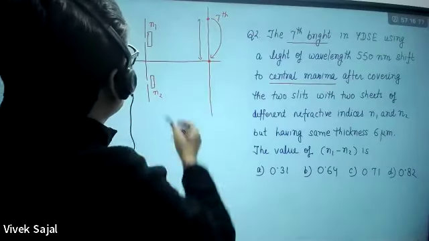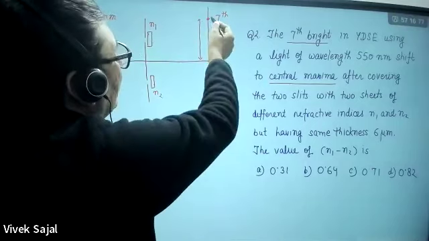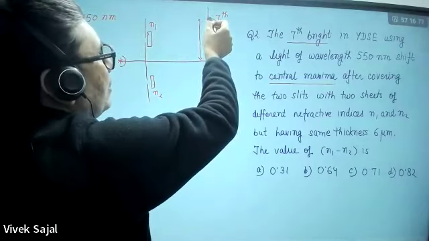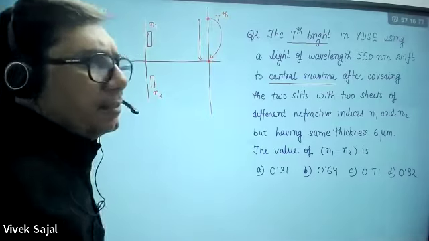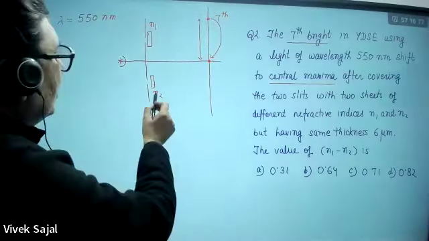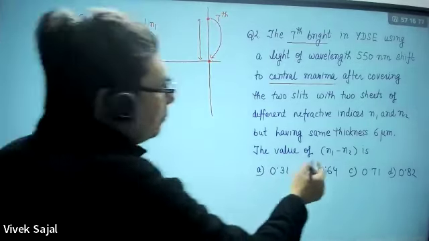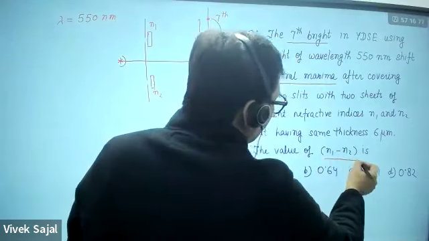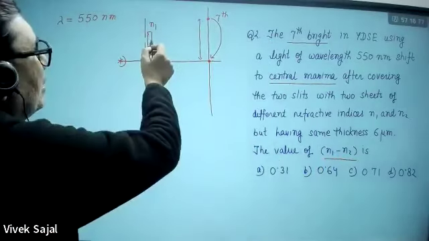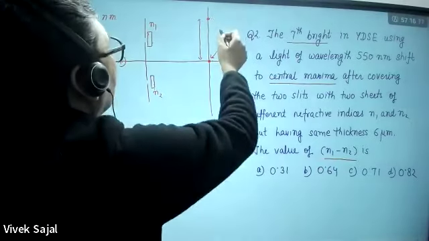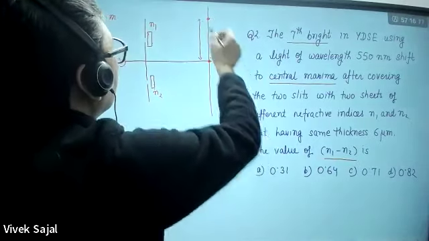Or even you can say, if this N1 is greater, it depends upon this, it is shifted here. Can anyone tell me when this is going to shift in the downward direction? It will shift in the downward direction if this N2 is greater. But here, because they are asking me to find N1 minus N2, automatically I am assuming N1 is greater, so I should do it in reverse.